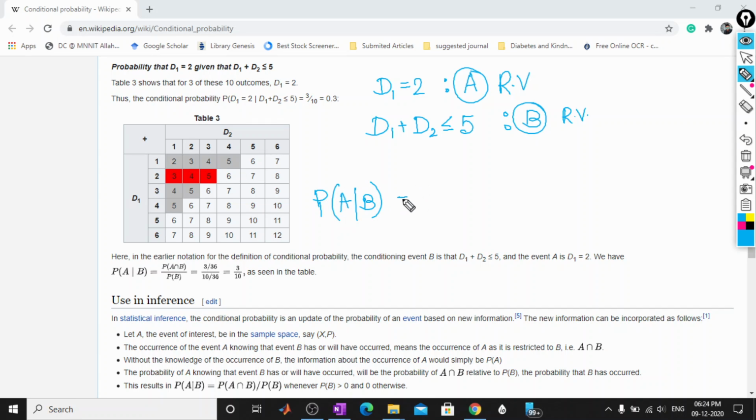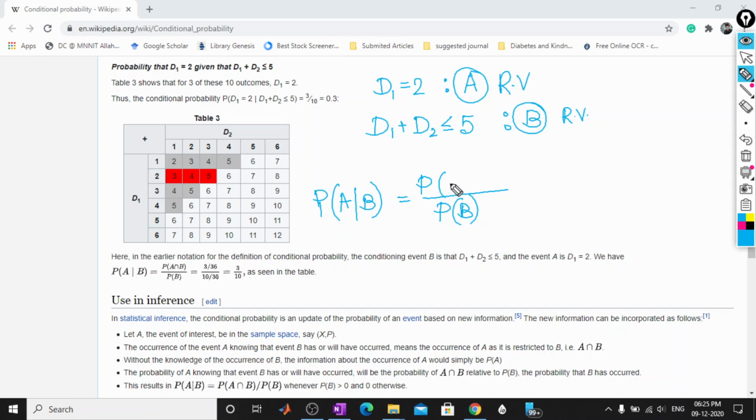Okay, just see. By the definition of this probability, we have seen that first we have to choose the probability of b, that is, first we find the probability of this event, and under this event we have to find the probability of a, meaning the intersection of these two things.